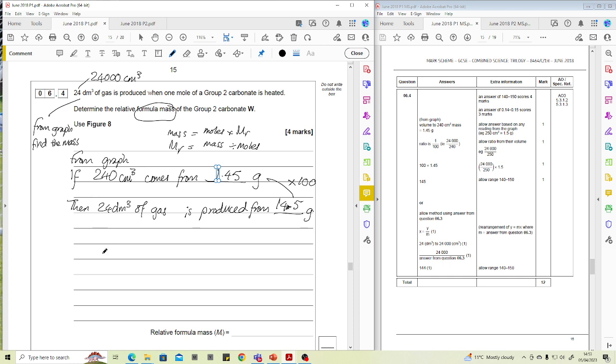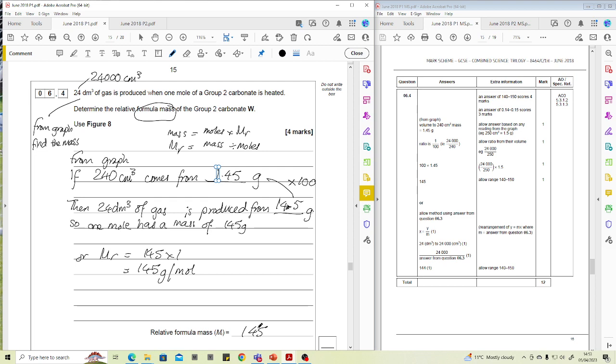Okay, and so that means that the mass of 1 mole has a mass of 145 grams, or you could say Mr equals 145 times 1 equals 145 grams per mole. 145.